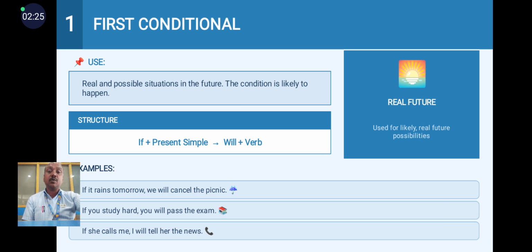If it rains tomorrow, we will cancel the picnic. If you study hard, you will pass the exam. If she calls me, I will tell her the news. So, in these three examples, there are possible situations. It is used for likely real future possibilities.